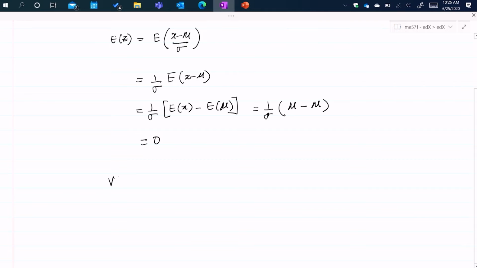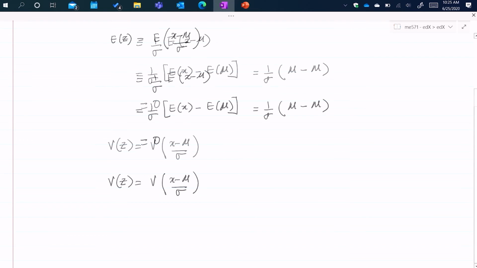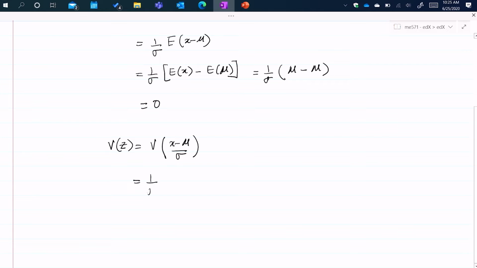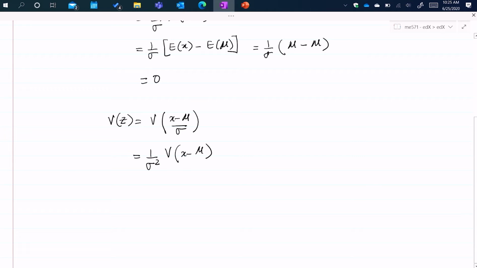How about the variance of z, which is the variance of x minus mu over sigma? I can take out the sigma, so that's 1 over sigma squared. Remember the formula that variance of a constant times a quantity is the constant squared times the variance of the quantity, here x minus mu. Now I can apply the other formula that I know, which is that the variance of a quantity plus a constant is just equal to the variance of the quantity.